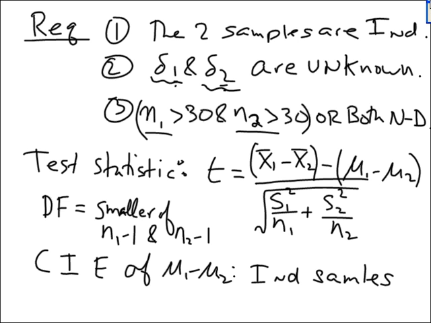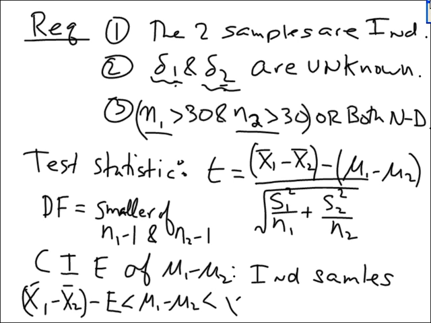And the formula is like it always is. It's x bar 1 minus x bar 2, minus the error, and that's less than mu1 minus mu2, which is less than the difference of the sample averages plus E. And let's see where I'm going to sneak this in.